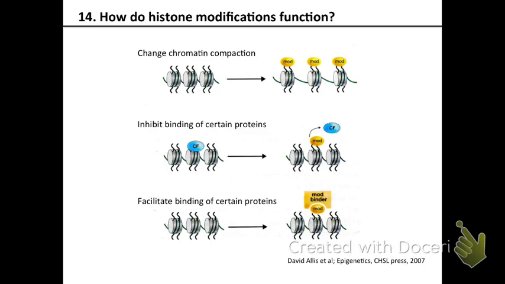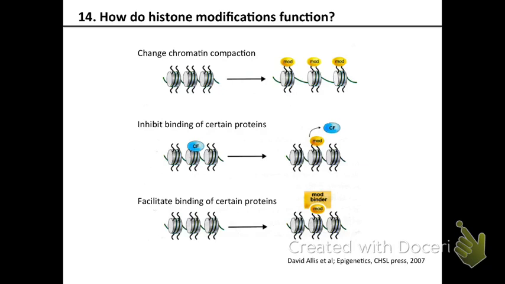This is not the case for every single acetylation. There are always exceptions to the rules, right? But generally, when you have acetylation, then you have decompaction. A very good example of that is lysine 16 acetylation of nucleosomes.